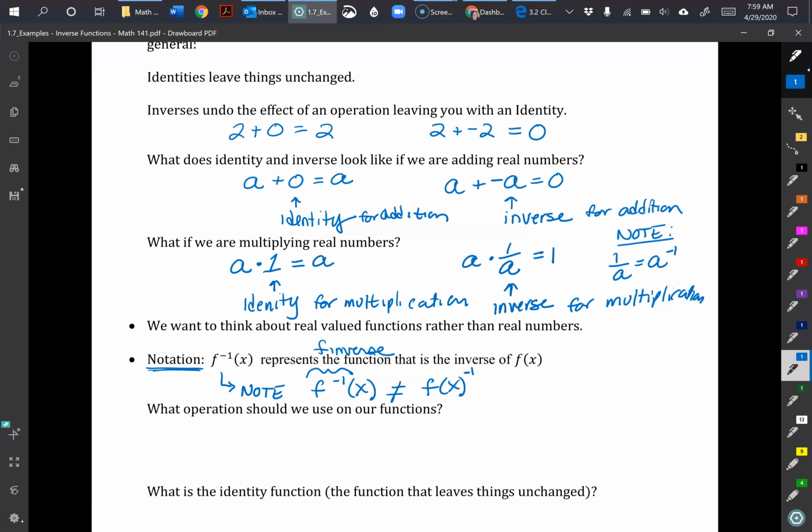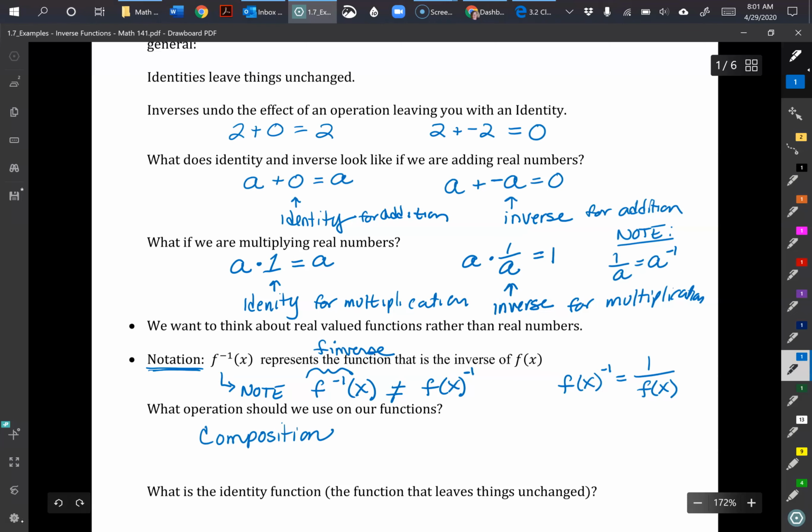They're very different things. F of x to the negative 1 is the same as 1 over f of x. That's just a simple thing. You're sticking the whole function under 1. What we're talking about is an entirely different thing. Though we have some of the same properties and ideas, we're going to use composition on our functions to get the inverse.